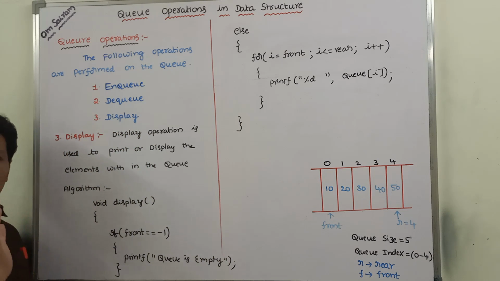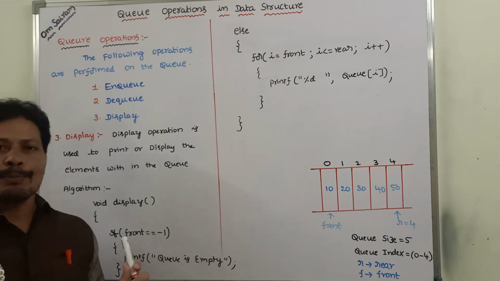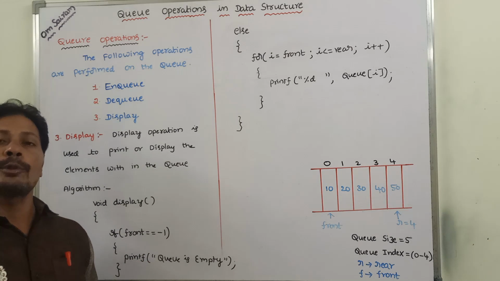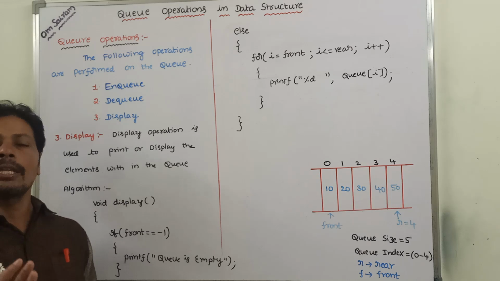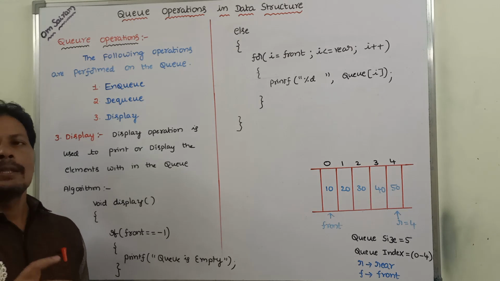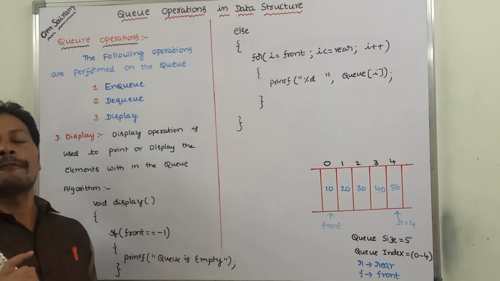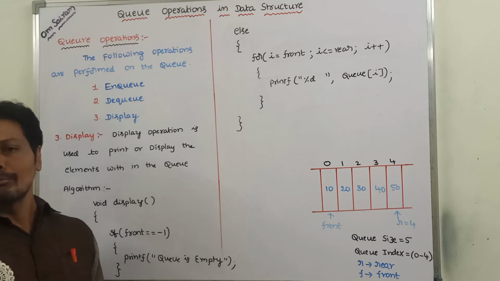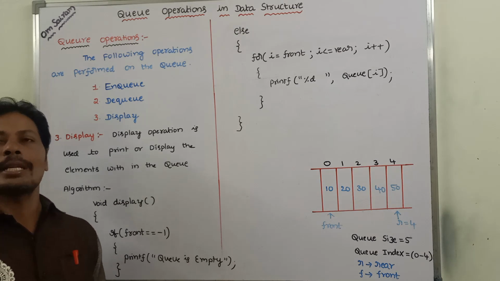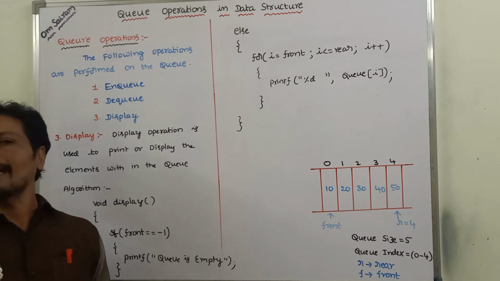Okay, so display operation is mainly used for displaying all the elements within the queue. So in the display operation, we have to check first whether the queue is empty or not. What is the condition for checking queue is empty? If front equal to -1. If this condition is satisfied, we can say that queue is empty.